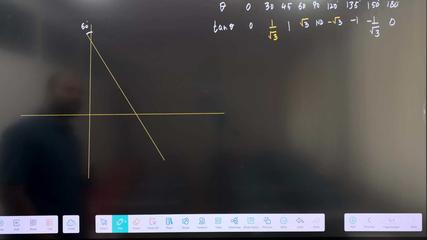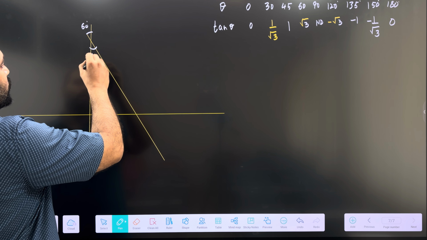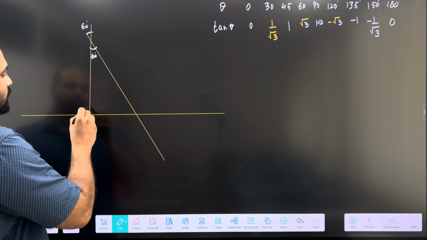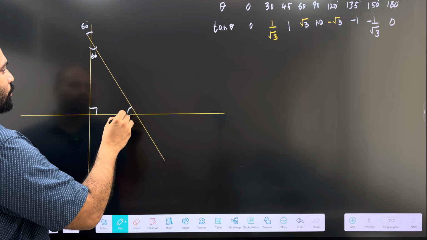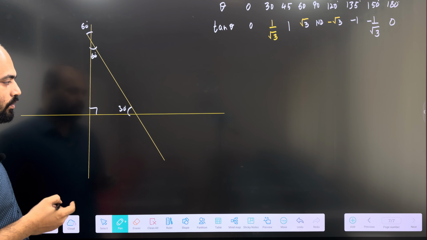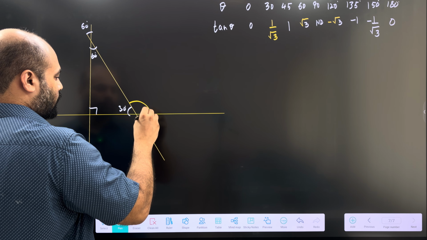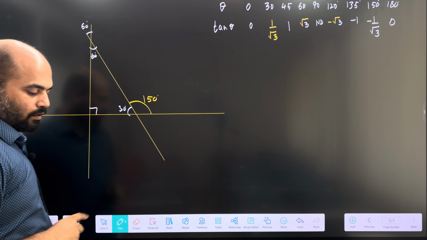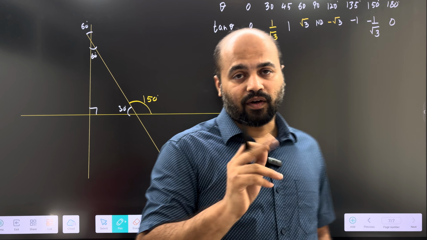So now if this is 60 degrees, we need to find the slope of this particular line. What we do is, this is going to be also 60 degrees because vertically opposite angles, and if this is 90, this has to be 30 degrees, which implies that for the angle we have to consider this, which is 150 degrees, which implies that we need to find tan of 150 degrees.